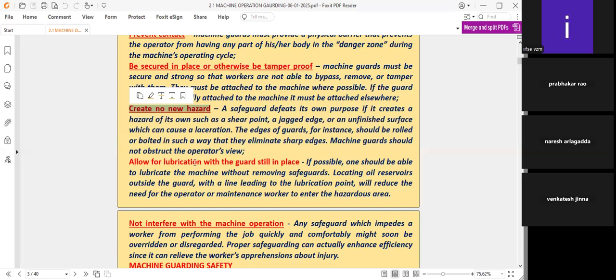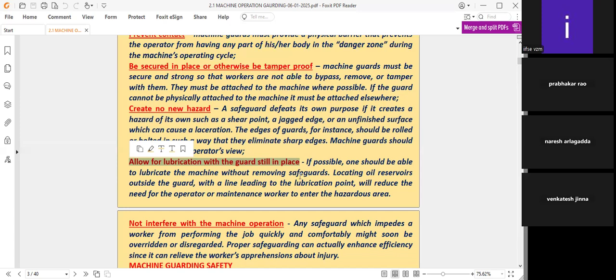Allow lubrication with the guard still in place, that means without removal of the guard, the lubrication man can lubricate by opening the simple nip outside the guard, opening the glass cap, pouring the lubrication oil and closing the cap. Therefore, it is definitely helpful for lubrication purposes. No hazards arise.